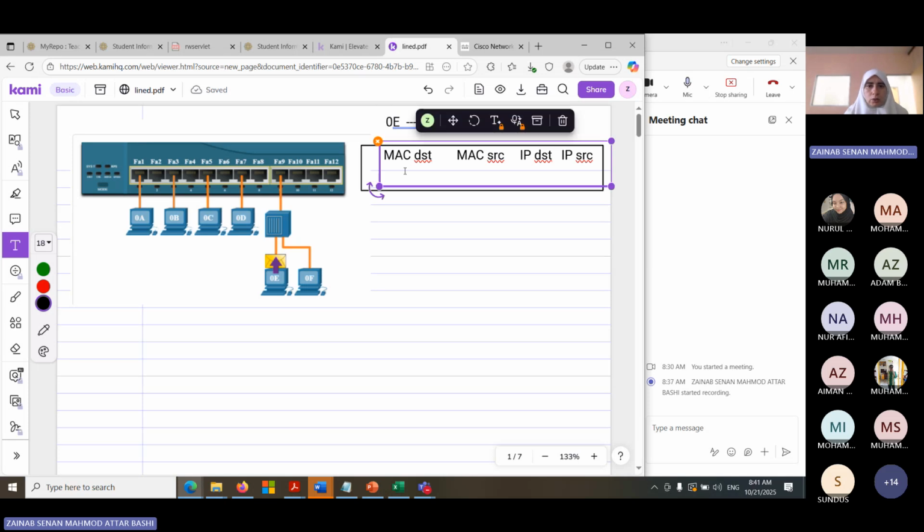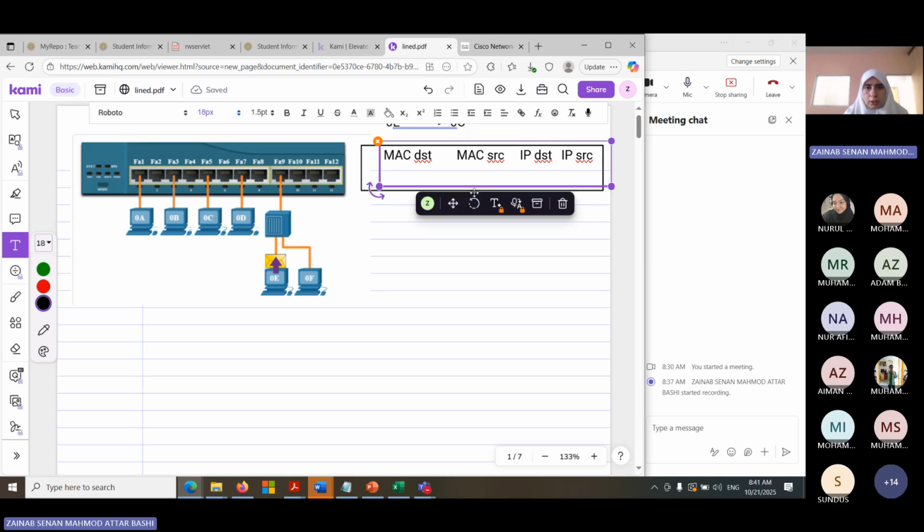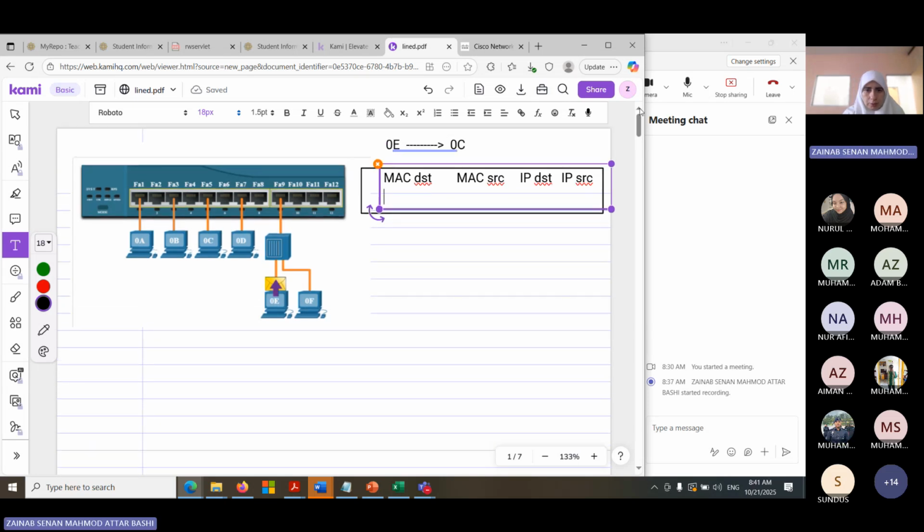So if I want to write this here, the MAC address destination, what will it be? It will be 0C, because that's where we want to send the packet, or the frame, to. And then 0E will be the source. The IP address, we don't care. Okay, so now what will happen?